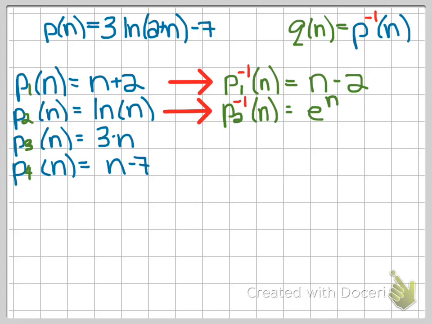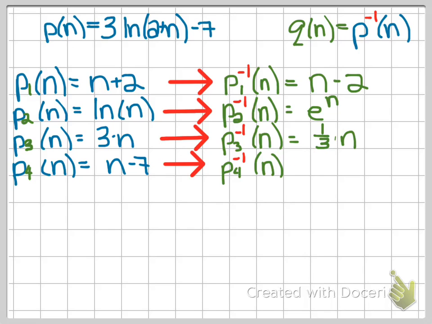E is a special number, it's a transcendental number, and I'm not quite sure how to talk about it, so I'm just going to say e to the power of n. And then the third part of our p function, to find the inverse, instead of 3 times a number, we're going to take 1/3 of that number. And the fourth part, the inverse would be, instead of taking away 7, we're going to add 7.